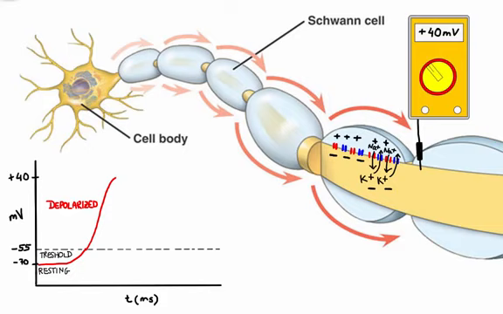At this point, the voltage would fall. The membrane is now said to be repolarized, because again, it's negatively charged on the inside and positively charged on the outside. This depolarization and repolarization of a neuron membrane is called an action potential. Action potential is just another name for a nerve impulse.